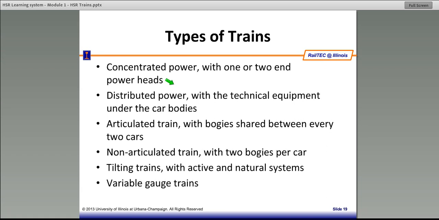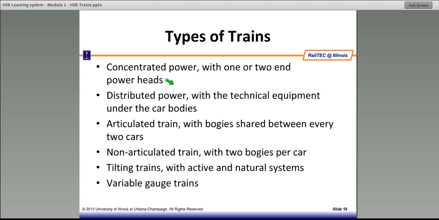Also, in this concentrated power train, the power generation is concentrated at two ends. That's why it's called concentrated power train. And it is also called push and pull because one is pulling the other passenger cars, and the other one is pushing the passenger cars. So it's also called push and pull type.